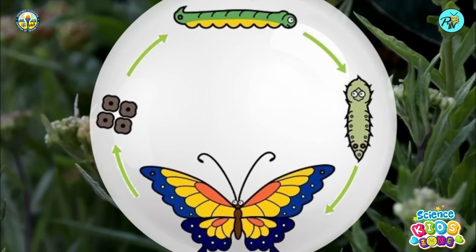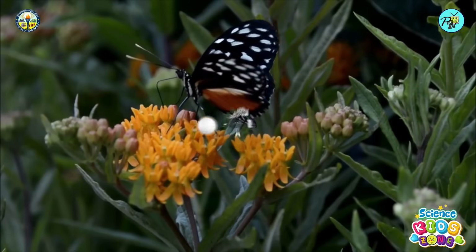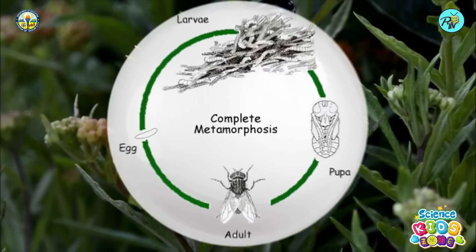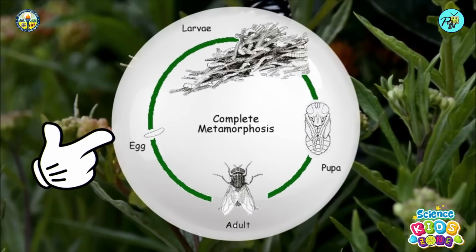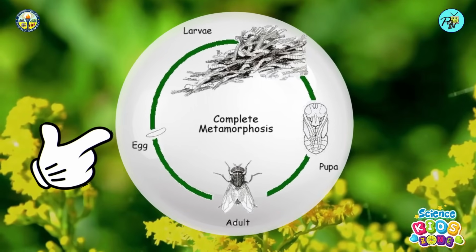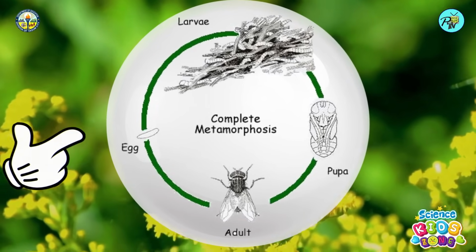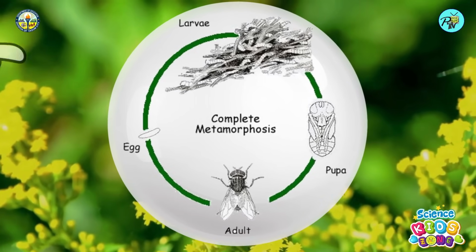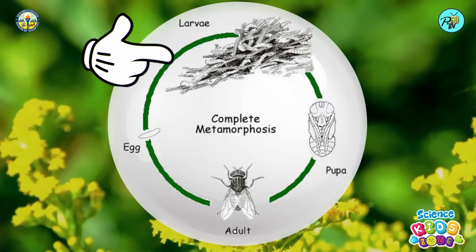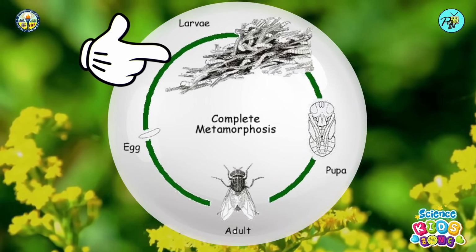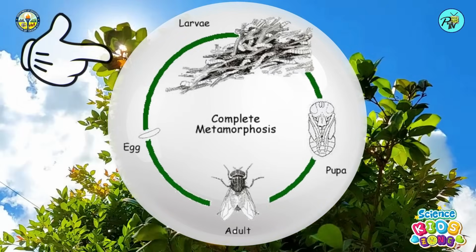How about this one? This is the life cycle of a housefly. First stage, eggs: 8 to 24 hours and a size of 0.8 millimeter. Second stage, it will become a larva: 4 to 7 days with a 10 to 18 millimeter size.